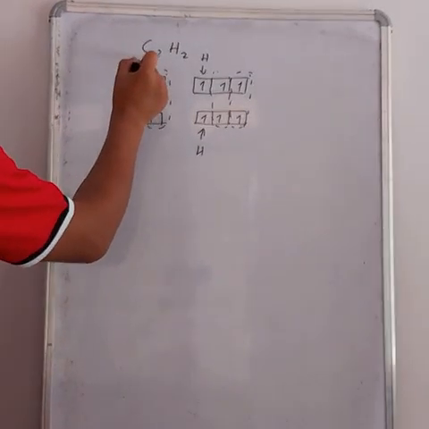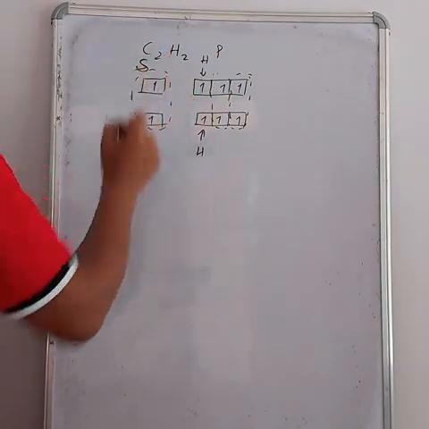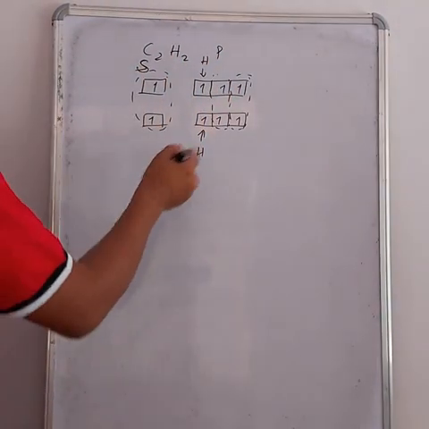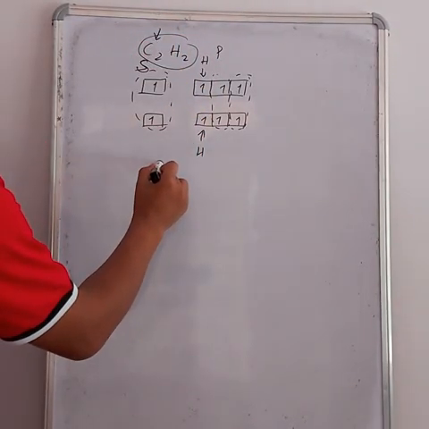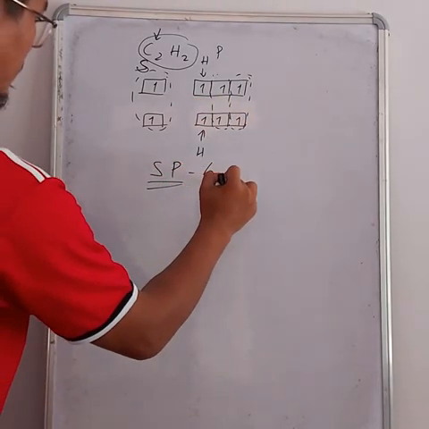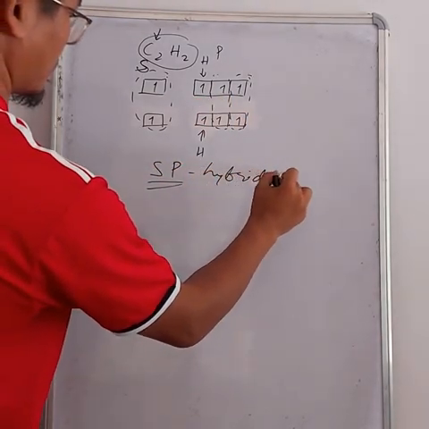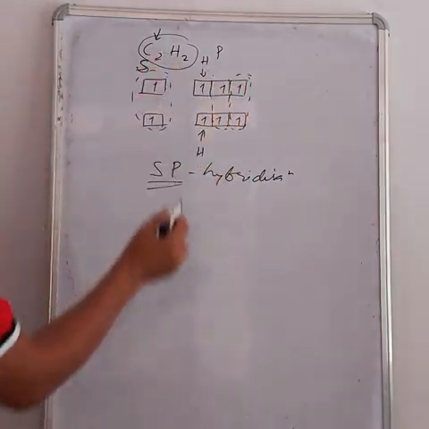Now, since only one s and one p orbital are involved in mixing up, therefore in ethyne the hybridization of carbon is 1s and then 1p. So sp hybridization. And these two pi orbitals, let's represent this.